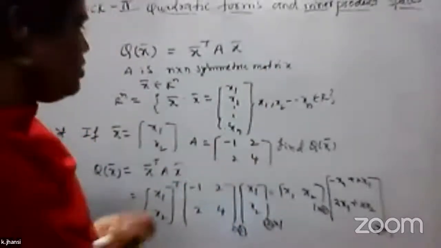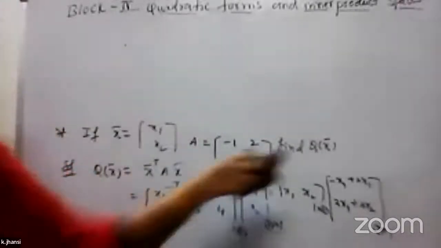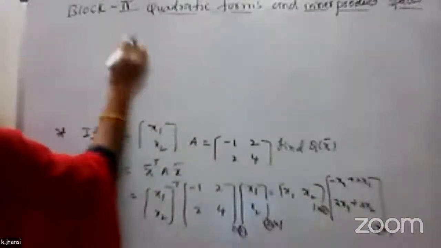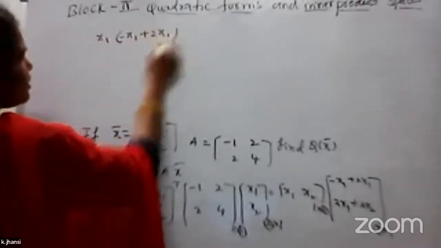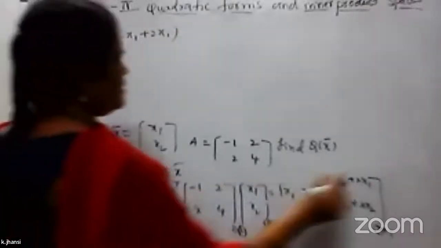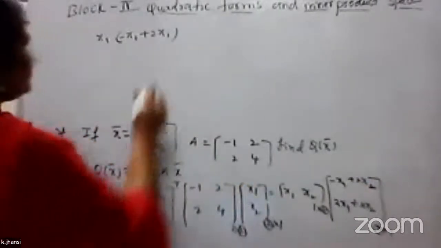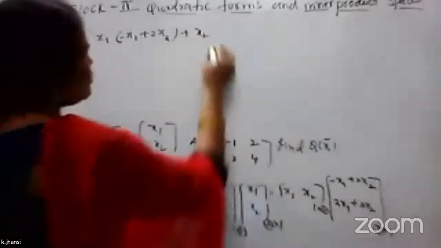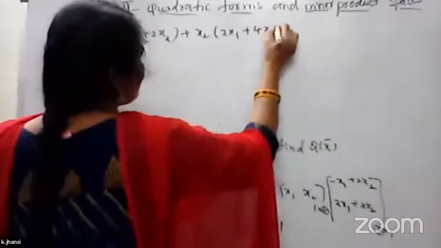So here we can do the multiplication: x1 into (-x1 plus 2x2), plus x2 into (2x1 plus 4x2).